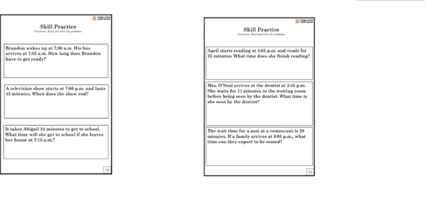So the only exercise in which you're going to be telling me what was the elapsed time is this first exercise right here. And because that exercise is the first one on the page, Mr. Hernandez is going to work it out with you, okay?